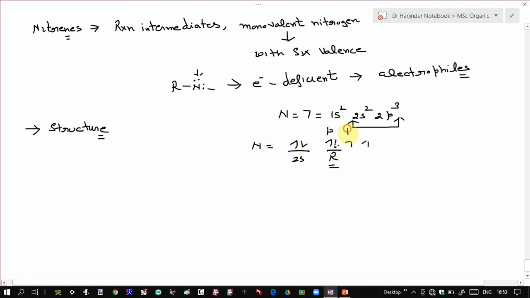This is your px, py and pz. Now two things can happen. One, this nitrene may have sp hybridization by combination of s and p orbitals. In that case, these two remaining non-bonded electrons have a parallel spin and are present in different orbitals.